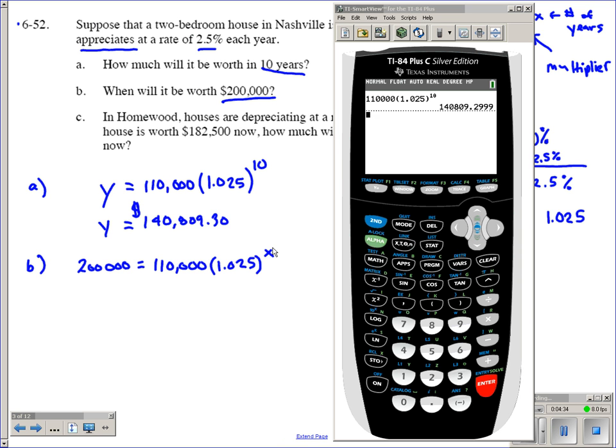We don't know the amount of time, so we're going to have to solve for this variable to figure out what it needs to be. Let's work on solving this. Let's divide each side by 110,000.